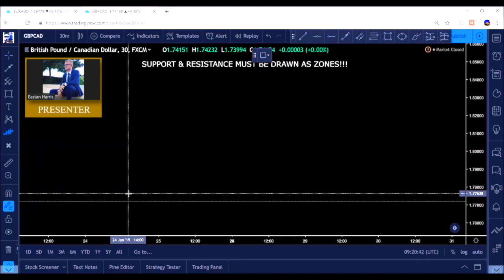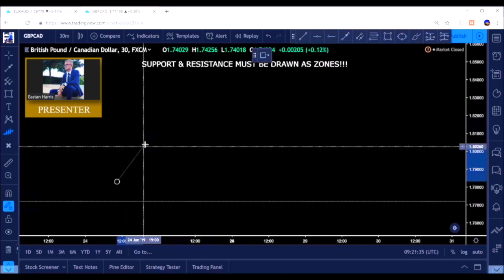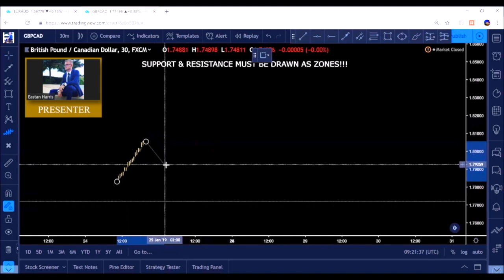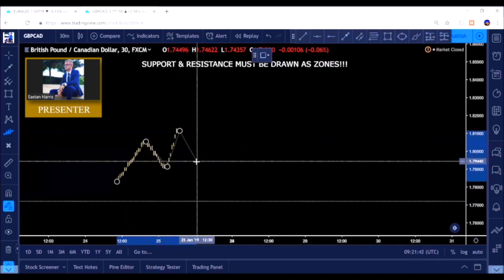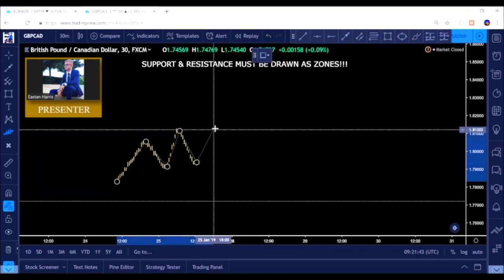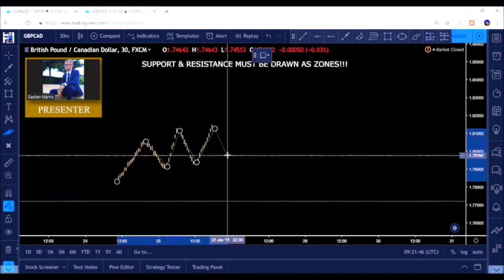There's a general area, and we have to find that area, fine-tune it, find the very specific parameters of this area so that it can be used consistently and profitably. Now, in the previous videos, we were using support and resistance as lines just to demonstrate the concepts of it. But here, I'm going to show you how that fails.